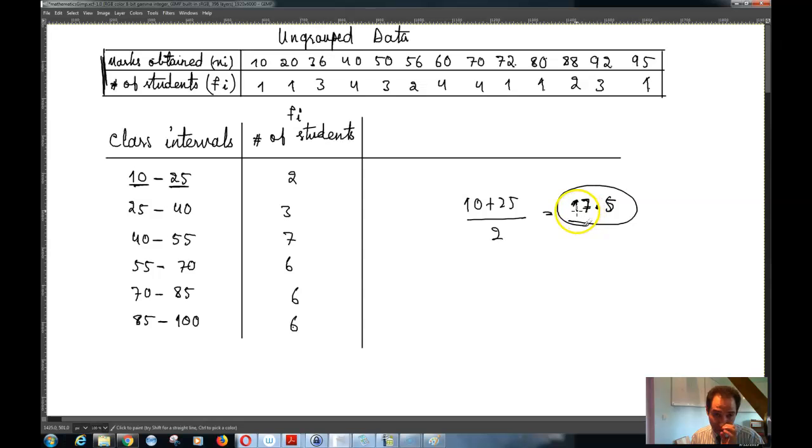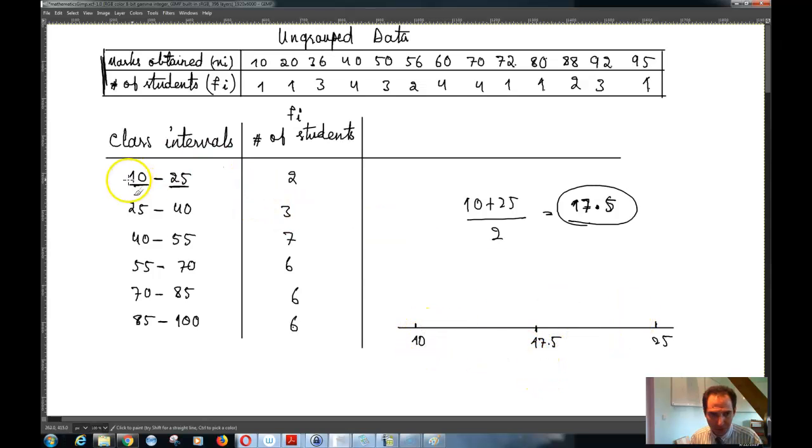So you can see that it's important, as far as it's really possible, to pick class intervals that are not too large, because then this number, for example 17.5, would be representative of a large array of numbers, meaning that your number could go from 10 all the way to 25, and then right over here you have 17.5.